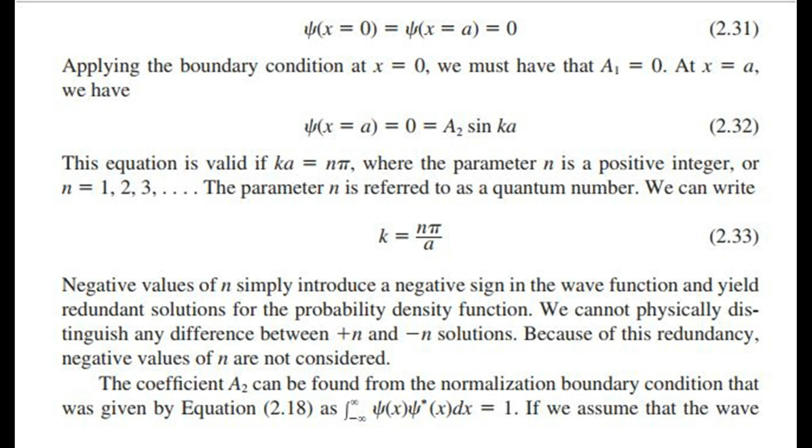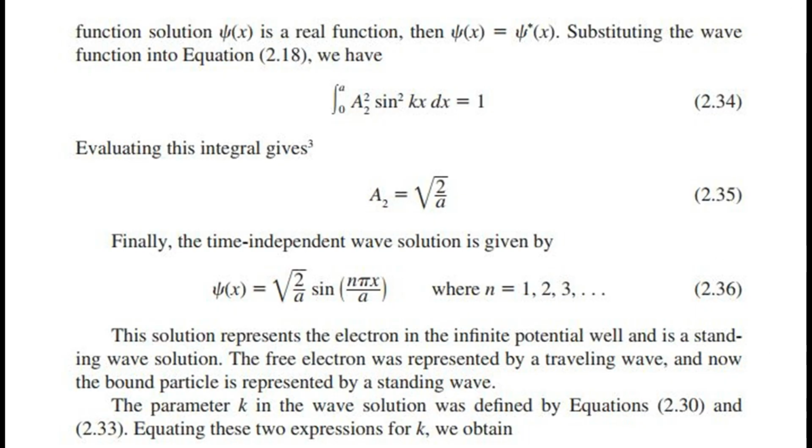The coefficient A2 can be found from the normalization boundary condition that was given by equation 2.18. As we assume that the wave function solution ψ(x) is a real function, then ψ(x) = ψ*(x). Substituting the wave function into equation 2.18, we have the integral, and evaluating this integral gives the coefficient.